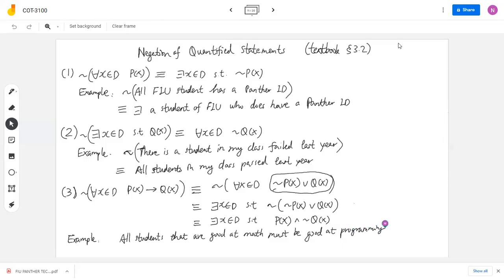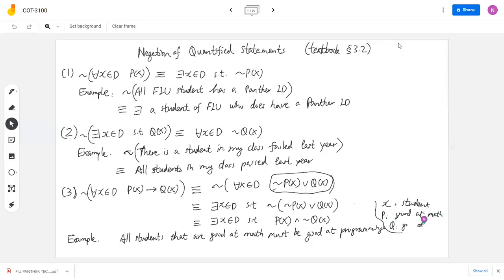So it's easy to see that for all x in D, x is a student, right? And what is P? P is good at math. And what is Q? Q is good at programming.